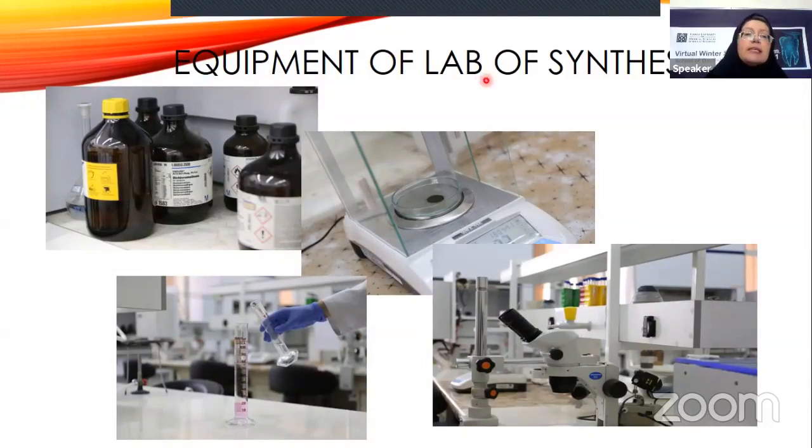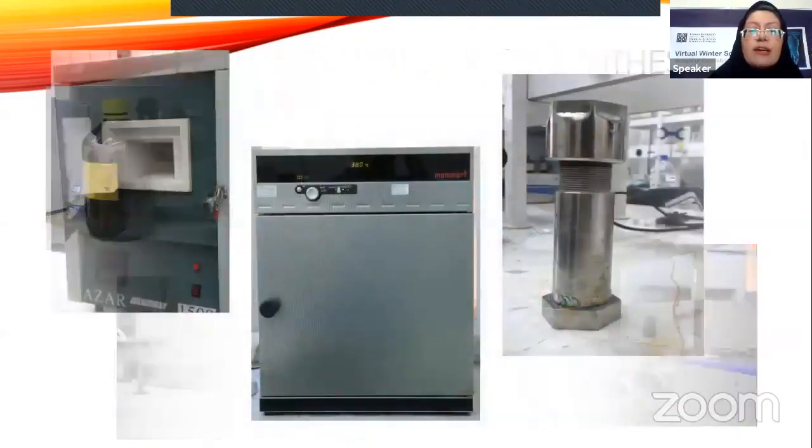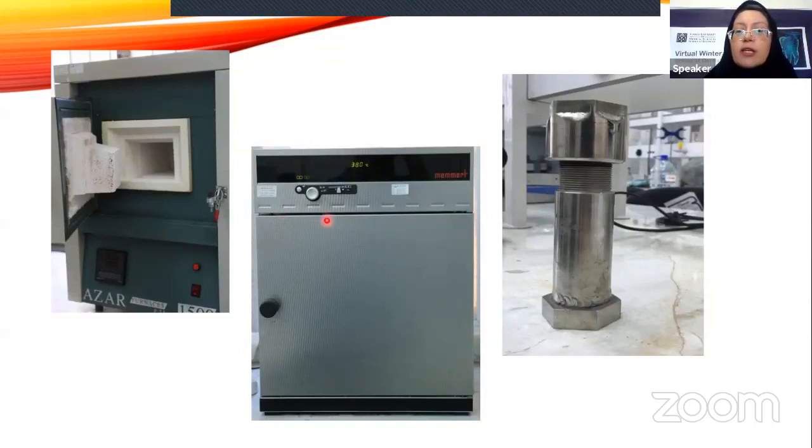In the lab of synthesis, we have different equipment and also different chemicals, a microscope, different accessories, and furnace, incubator, wet and dry incubator. Here you can see an autoclave for hydrothermal synthesis.